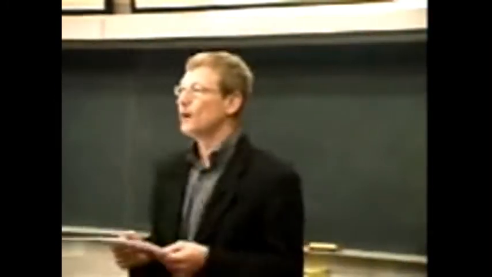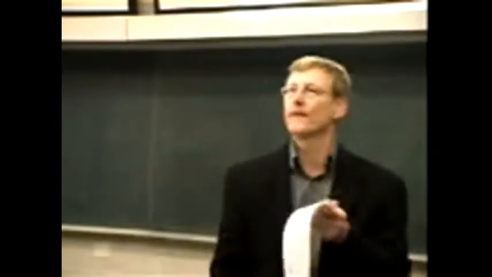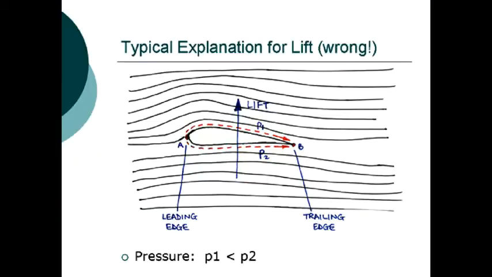The reason it rises is because I'm blowing over it, so I have fast-moving air on one side and not very fast-moving air on the other because it's still, so I have low pressure above, and that's why it rises up. And that is effectively what happens here. So they say air moves faster because of the longer distance. According to Bernoulli, faster-moving air has a lower pressure, and as a result, the pressure on this side is lower than on that, and bingo, we get lift.